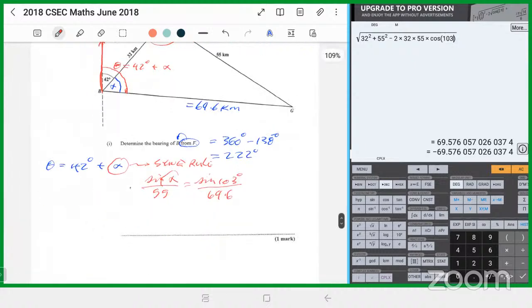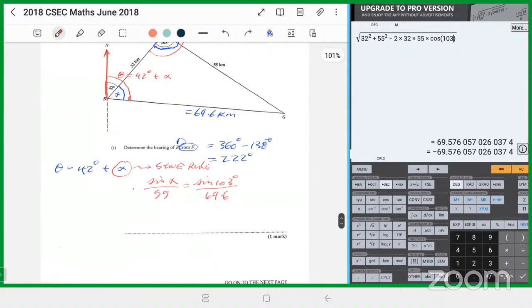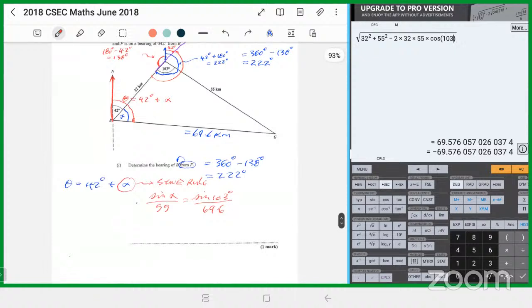I want to make alpha the subject now, so I'm going to multiply the 55 up here. They don't give a lot of space to work, guys. That's a very small space to work, and we have to find alpha, and it's 1 mark. I don't know why this question is just 1 mark. Let me see if there's an easier way to do it.